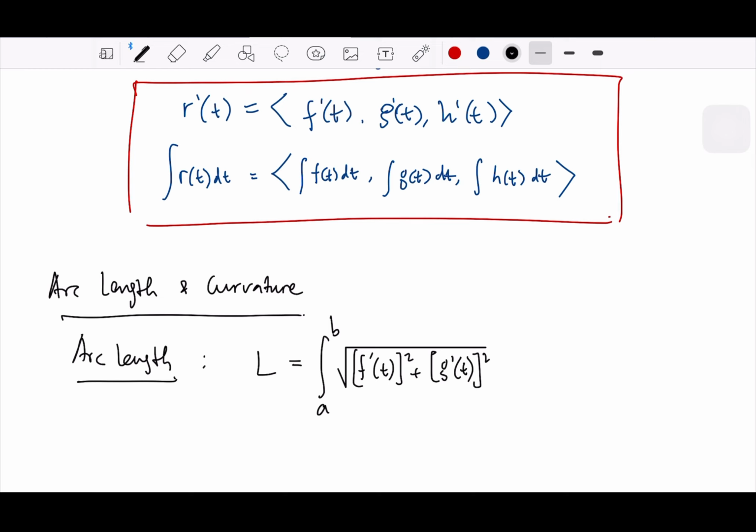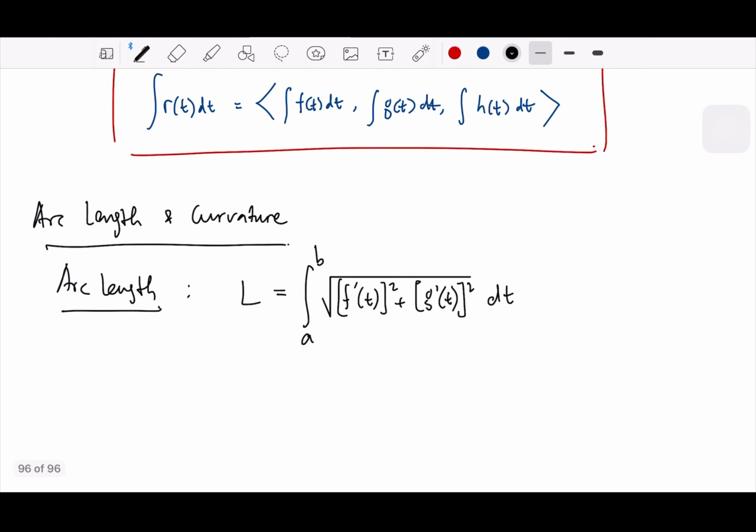You can write f prime, g prime, or df dt, dg dt, same thing, and then dt. Or you can have it in terms of x and y, like I said before, dy dx and dx dt, dy dt and dx dt.